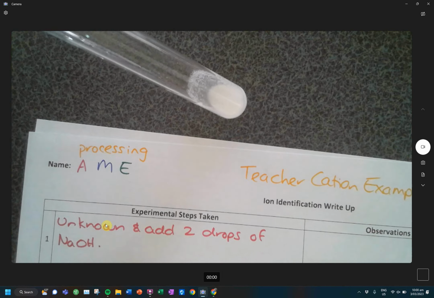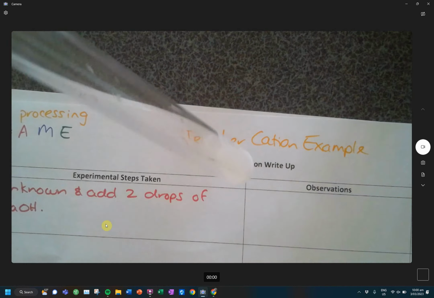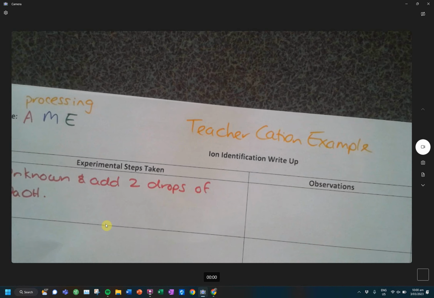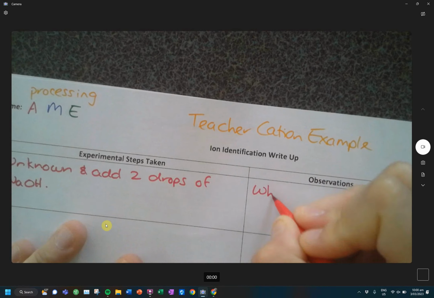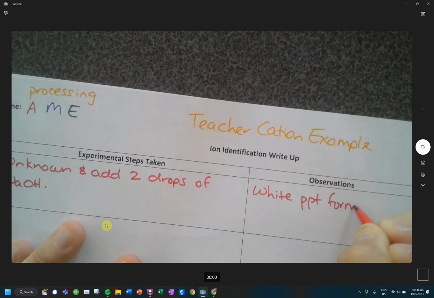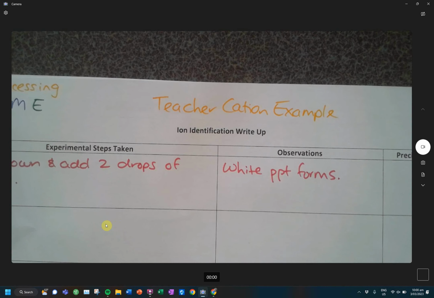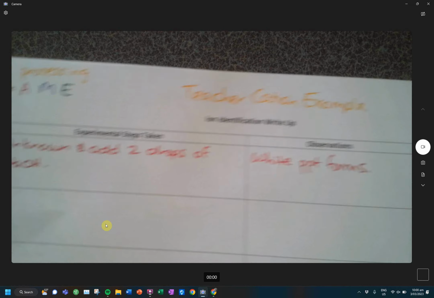White precipitate. White precipitate is what we want. So that's my observation. We have a white precipitate forms. We're good so far.